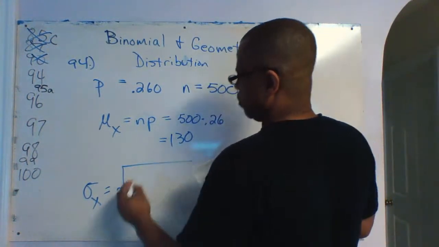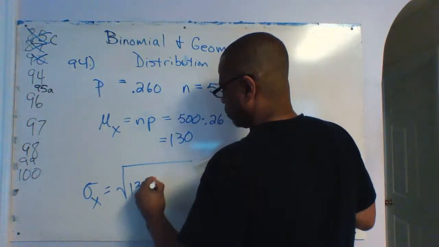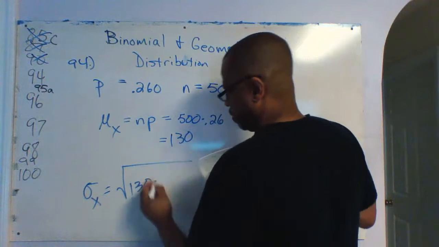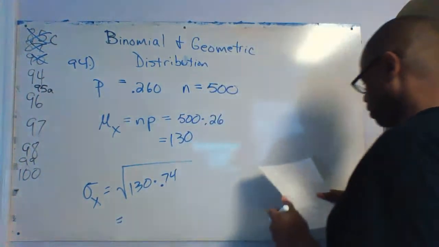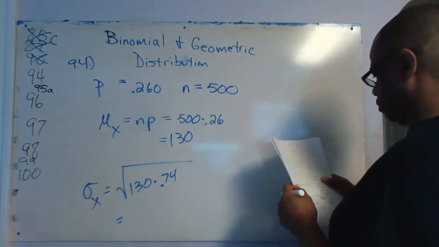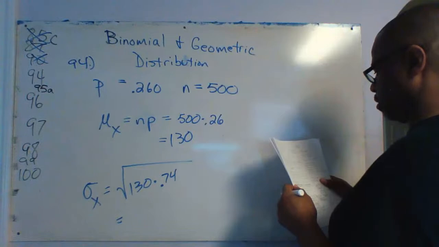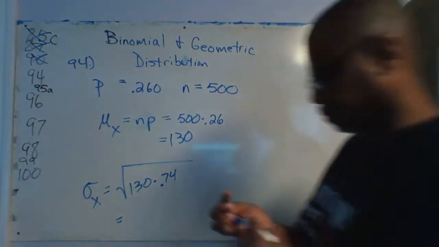So that's the square root of N times P, which is 130, times the failure, which is 0.74. Then when we do that, we should get 9.8082. What did I do? Let me fix that.